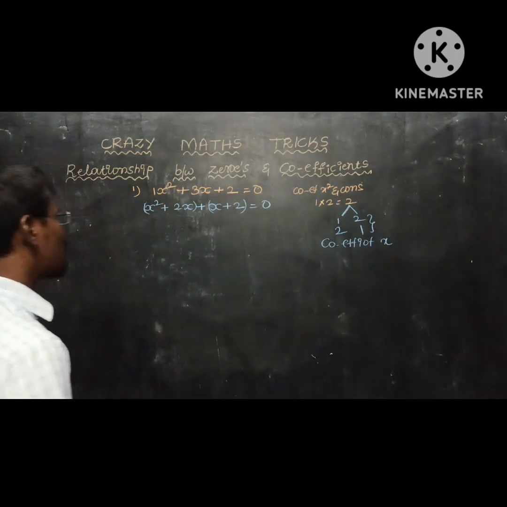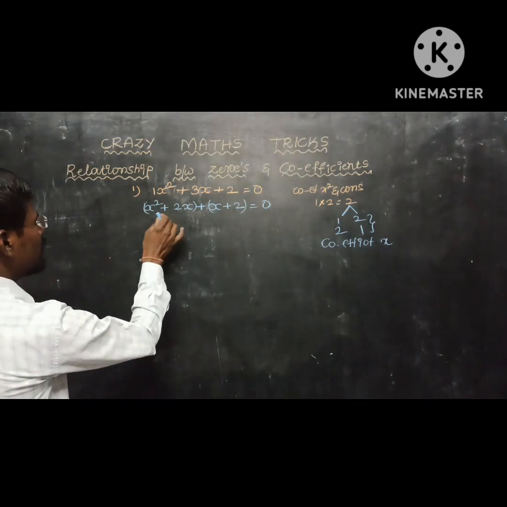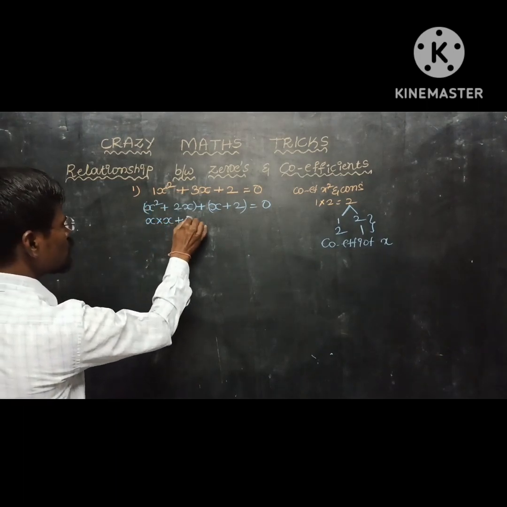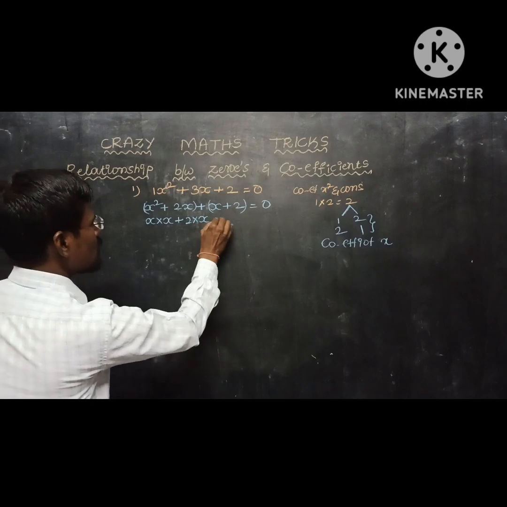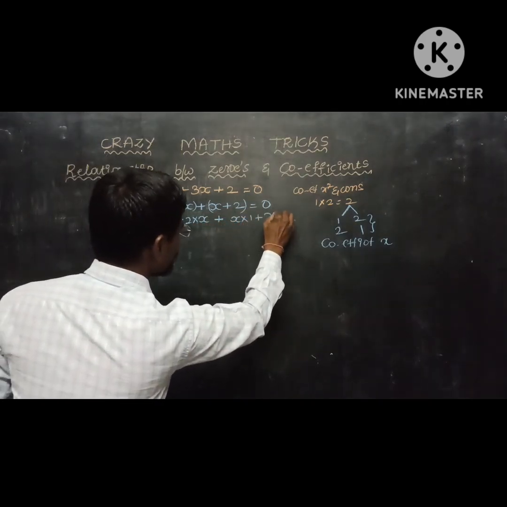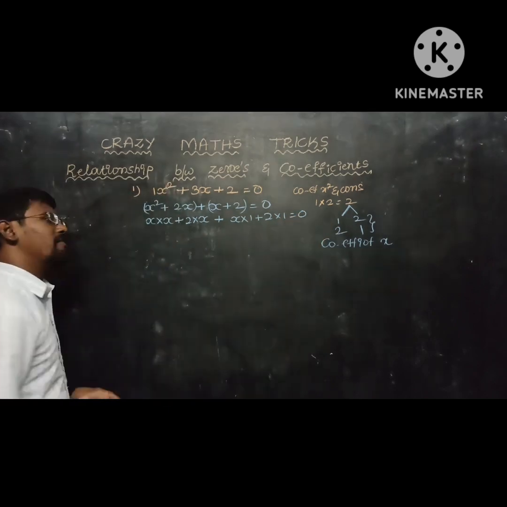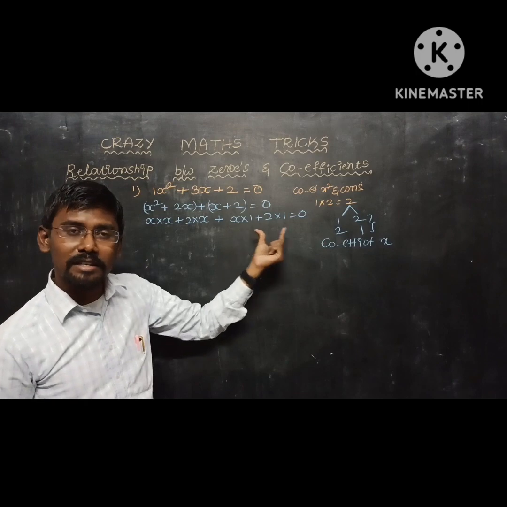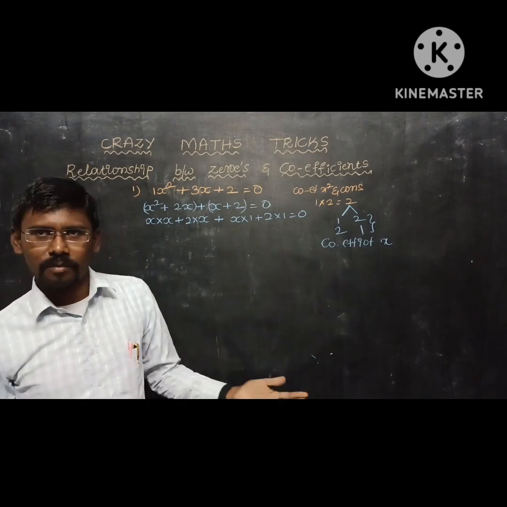In the first two terms, x square is x times x, and 2x is 2 into x. Next, x plus 2 is x into 1 plus 2 into 1, so we multiply by 1. Is there any change? No change. Something into 1 gives the same thing.